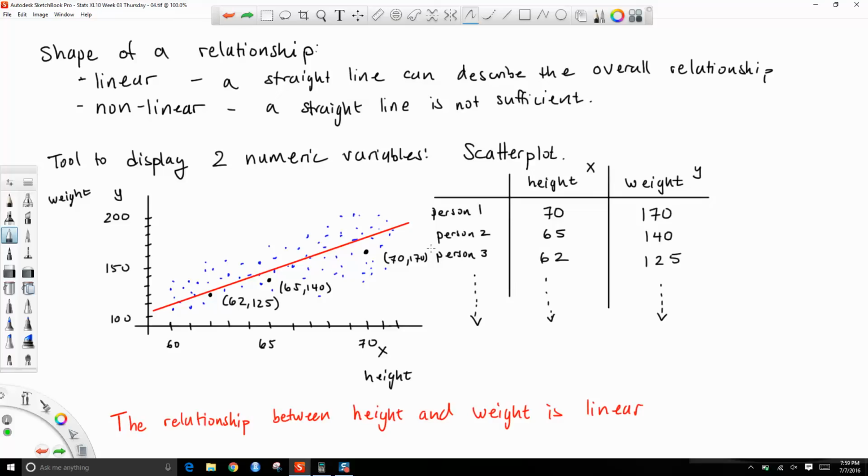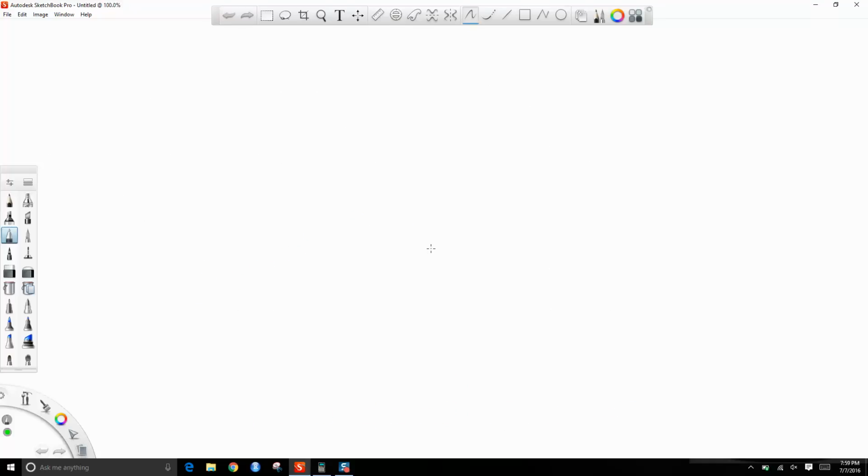Here are examples where the shape is nonlinear, okay? So we have a nonlinear shape. Let's say we wanted to plot someone's age versus their height, okay? So in childhood, perhaps you see a linear trend.